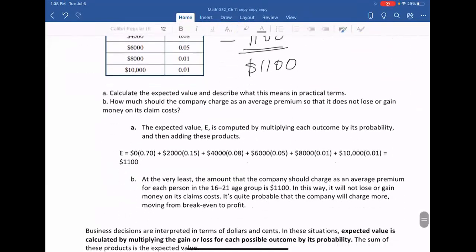For this question, at the very least, the amount that the company should charge as an average premium for each person in the 16 to 21 age group is $1,100. In this way, it will not lose or gain money on its claims costs. It's quite probable that the company will charge more, moving from break even to profit.